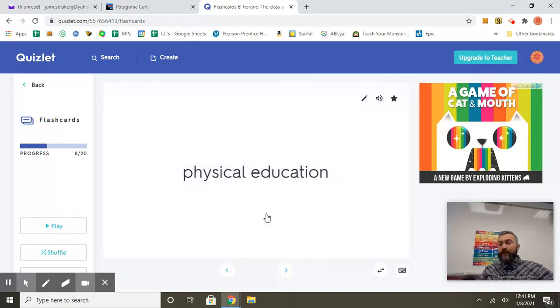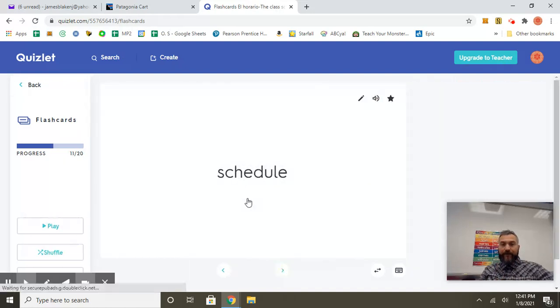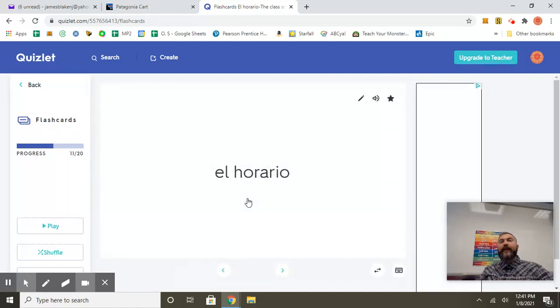Phys ed, PE, gym, educación física. Notice education physical, right? English, inglés, la clase de inglés. Mathematics, matemáticas, right? La clase de matemáticas, good. Schedule, as I said, el horario.